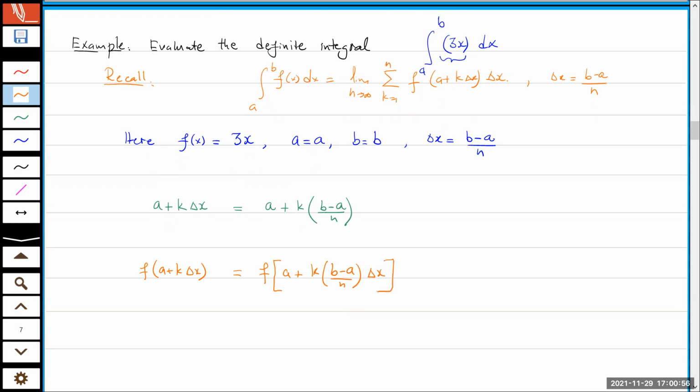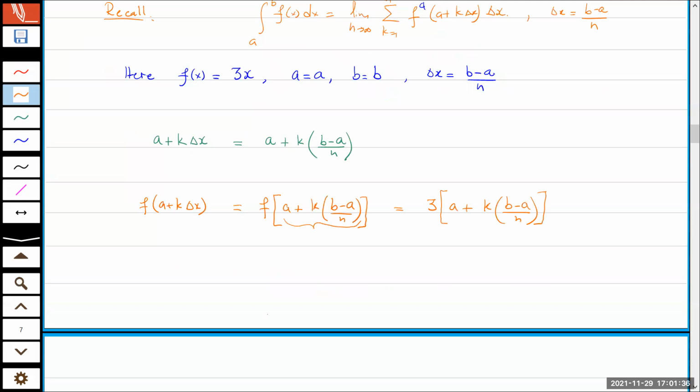Delta x is outside. This is my f. I've already used the value of delta x. We'll multiply that with f in a minute. My f is given by 3 times x, and I'm calculating f of a plus k times b minus a over n. I go to my function and replace every x by this big chunk over here. It'll be 3 times a plus k times b minus a divided by n.